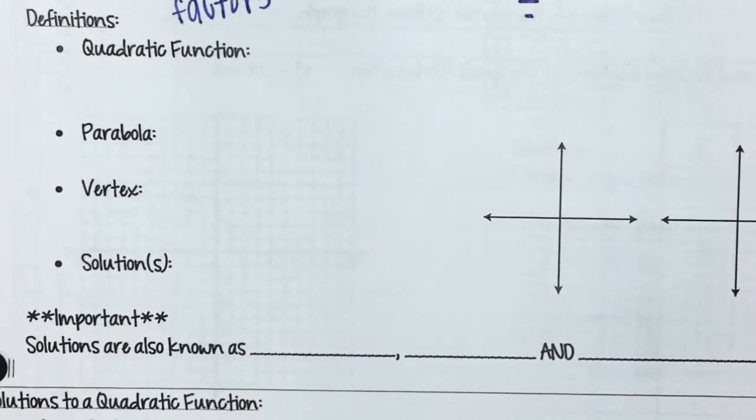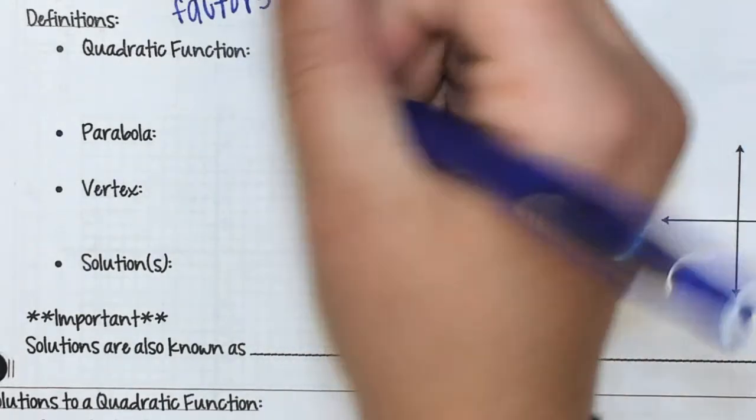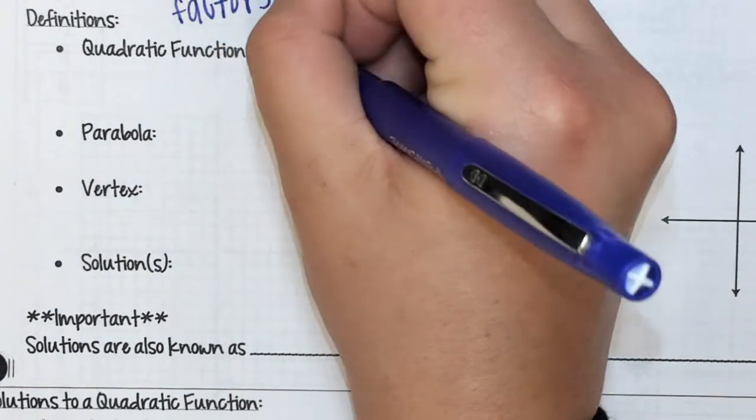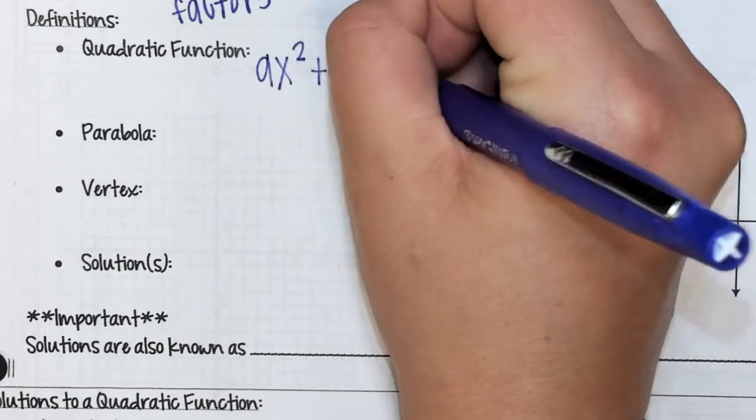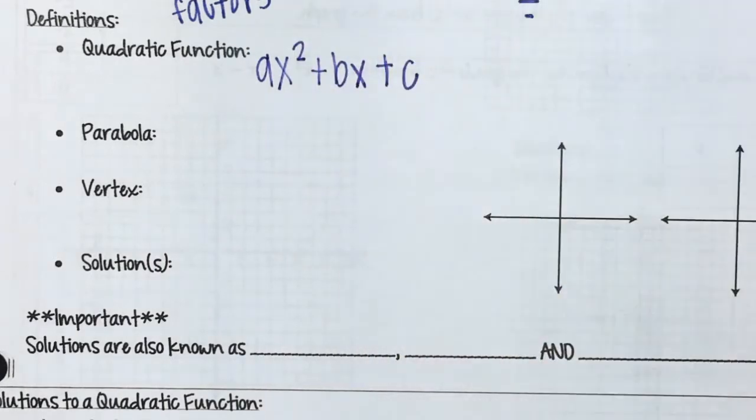Okay, so let's review some of these definitions that we've been going over the past 2 days. A quadratic function is in the form ax squared plus bx plus c. So it has to be in that form.